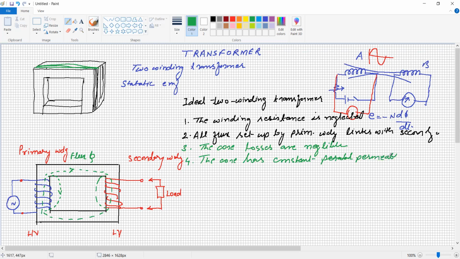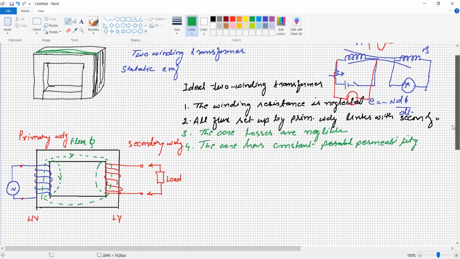It means that as we increase the current, the flux goes on increasing. The transformer is designed at the linear part of the BH curve.